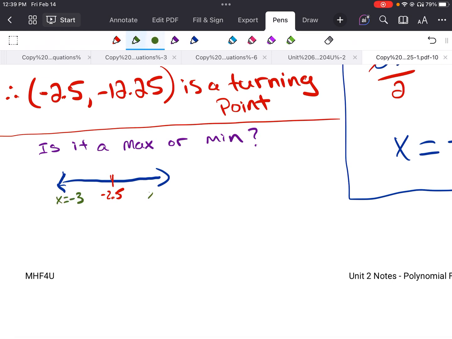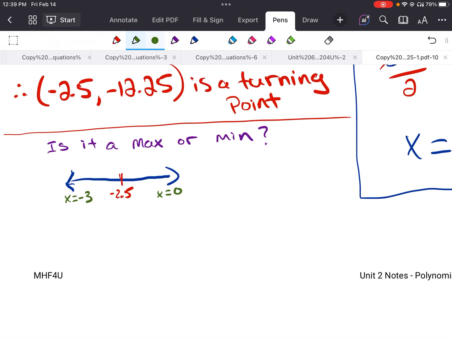So let's say x equals negative 3, and just to make it easier, x equals 0. We'll use those in our 2x plus 5 IROC.